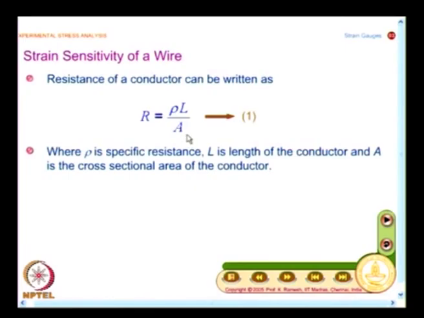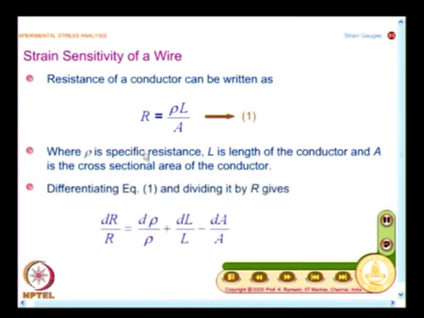What we want to do is evaluate the strain sensitivity of a wire. So, we will differentiate this and find out dR by R, and it is very simple to write. I have dR by R given as d rho by rho plus dL by L minus dA by A.